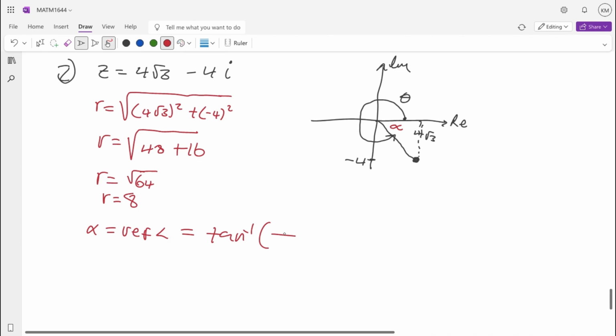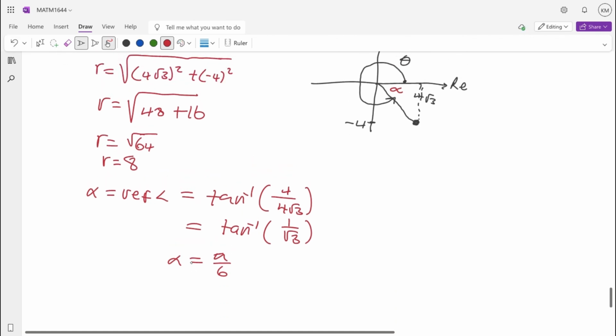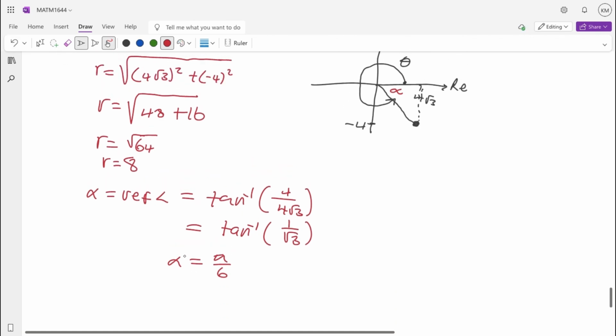So you just have 4 divided by 4 root 3, which is arctan of 1 over root 3, and that is pi over 6. This is your alpha, the reference angle. From the reference angle, we can find theta.